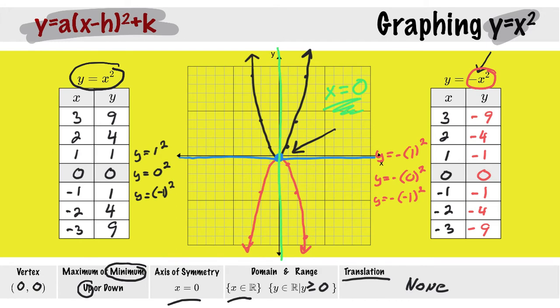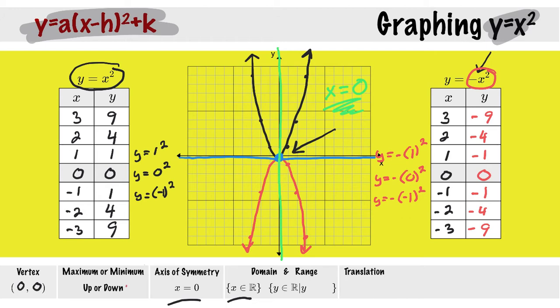Now, if I'm looking at my red parabola, which now opens down, a few things change. The vertex is still 0, 0. Axis of symmetry is the same. The range is slightly different, and the translation is slightly different.